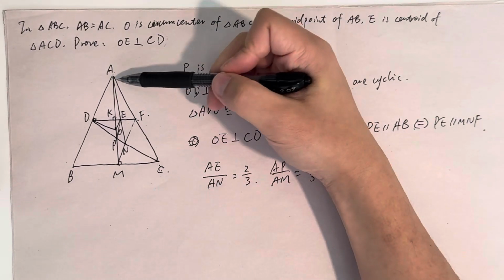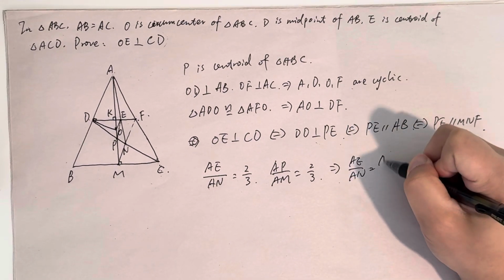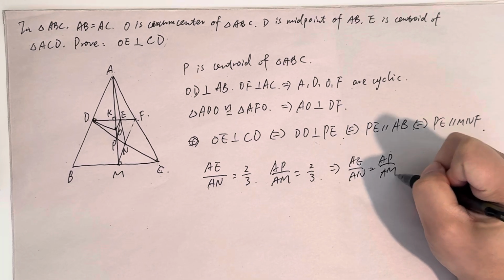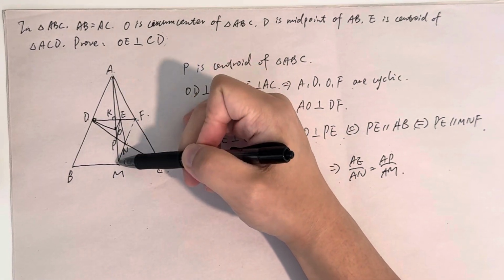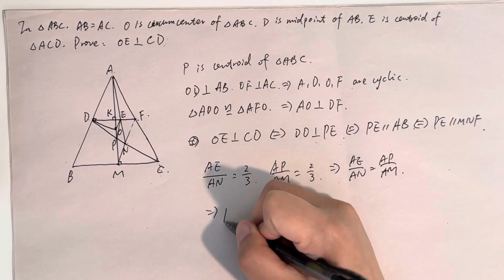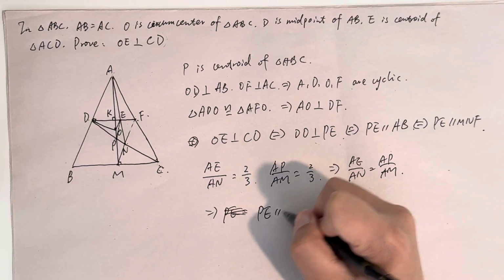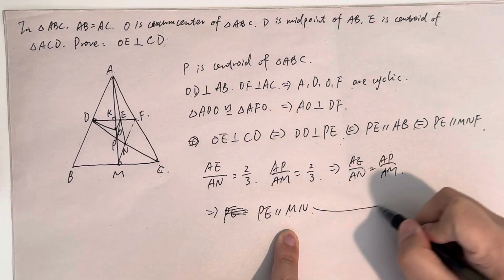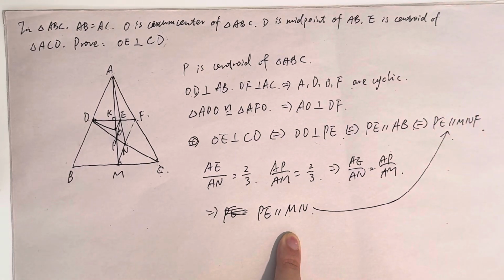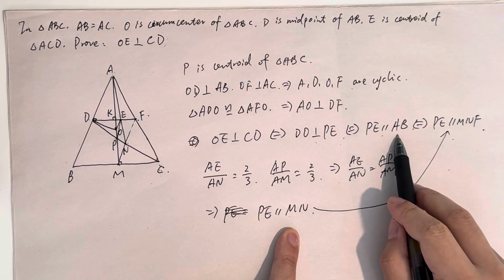Which means AE to AN equals AP to AM. So that means PE is parallel with MN.